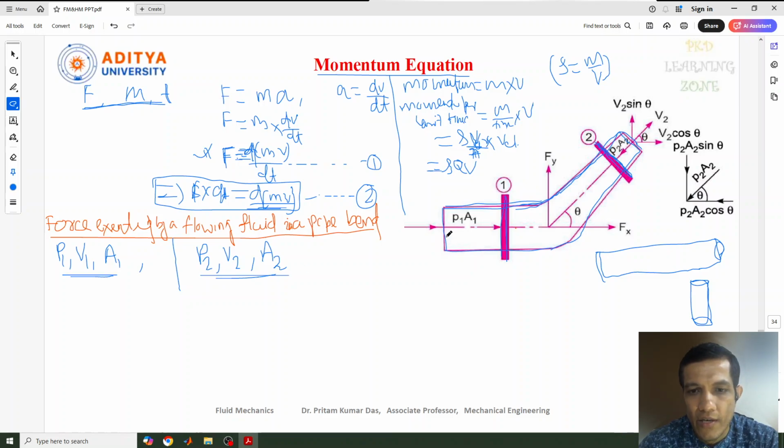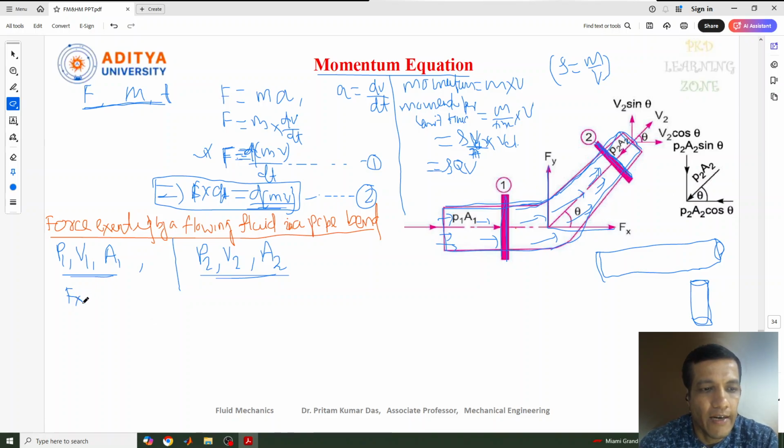Now you can see when the fluid is flowing in this pipe, how the fluid movement is there, that we need to consider here. It is moving in this direction. Now here again we need to consider two different forces. One is the force in the x direction, another one is the force in the y direction, because we need to find out the total net force, or the summation of forces.